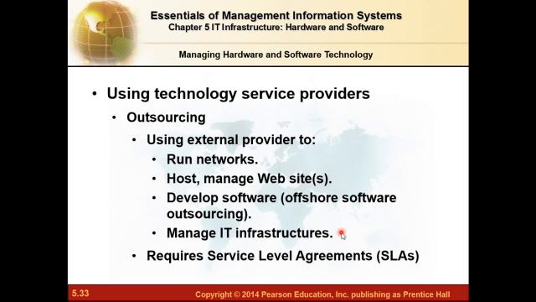So you don't have to buy the technology, but you outsource it to an external provider. And this outsourcing activity needs a service level agreement. The supplier must have a certain contract to maintain the hardware and software at whatever quality. So it is an agreement between two parties to make sure things work well.